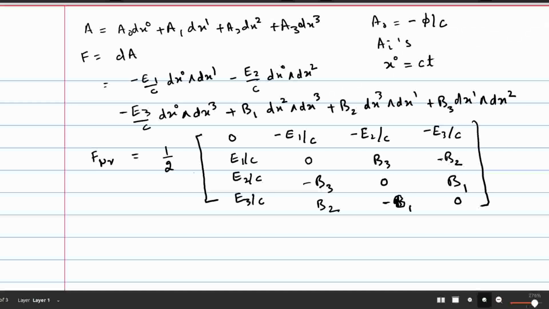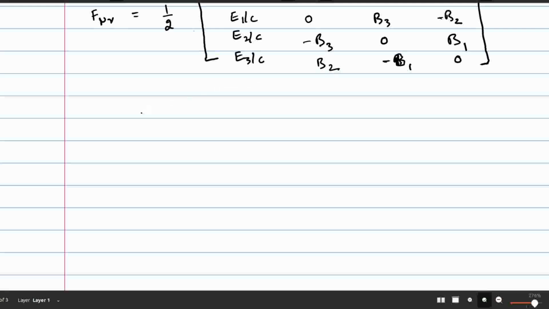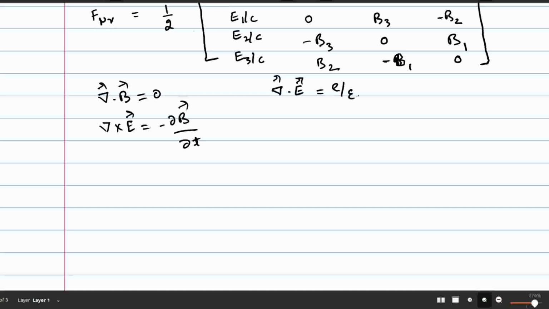Now we have four Maxwell's equations, and these equations are divergence of B equals 0, curl of E equals minus del B over del t, divergence of E equals rho by epsilon naught, and curl of B equals mu naught J plus epsilon naught del E over del t.